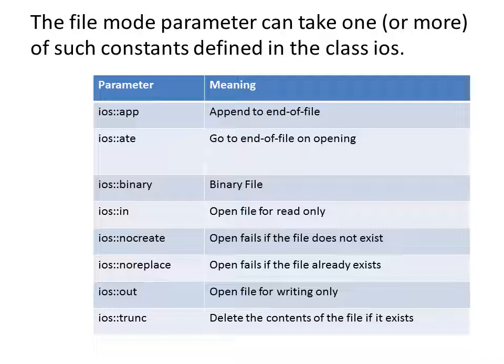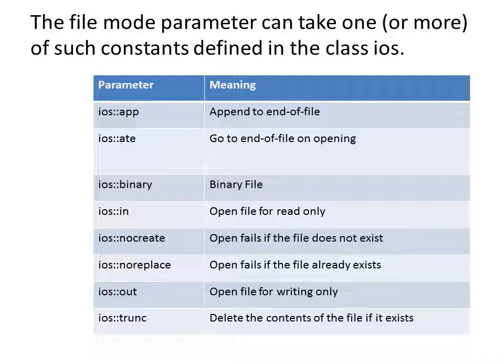And ios ate is also mentioned, meaning go to the end of file on opening. Both seem to do the same thing, but there is one difference. In app append mode you can visit the file and your pointer will be moved to the end of the file. If you have already written one paragraph, you will start typing from the second paragraph.